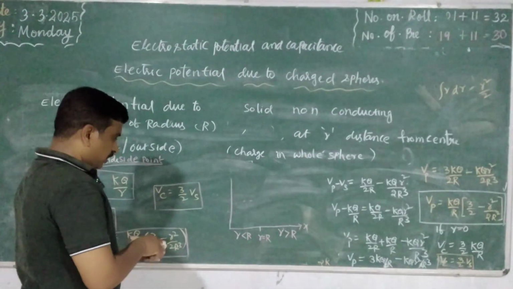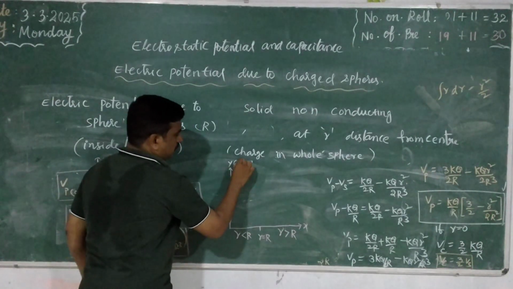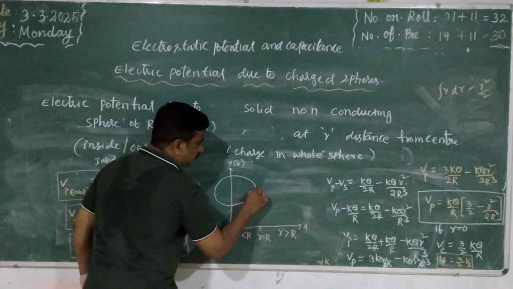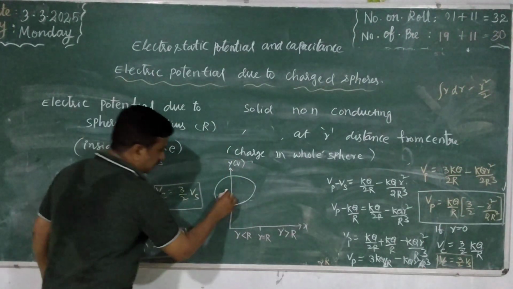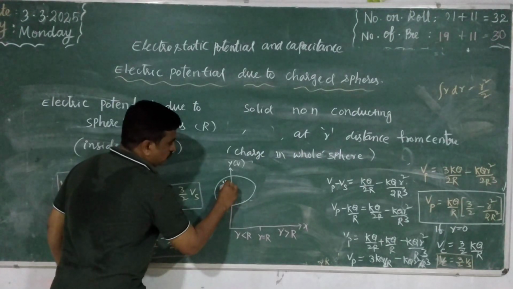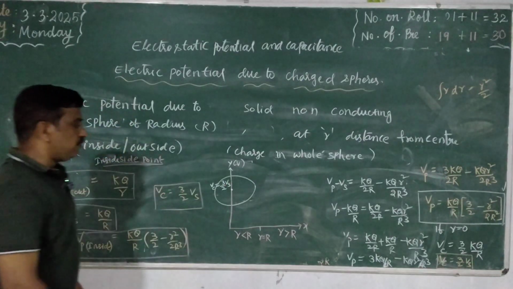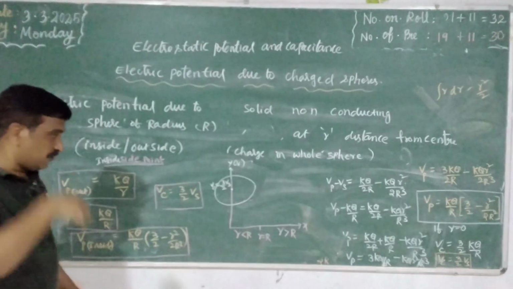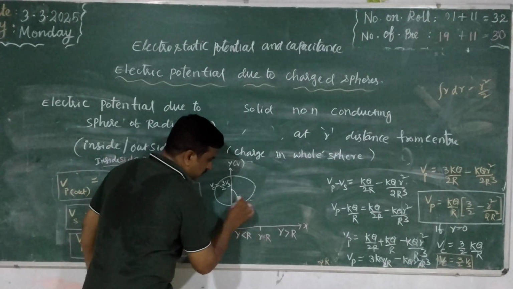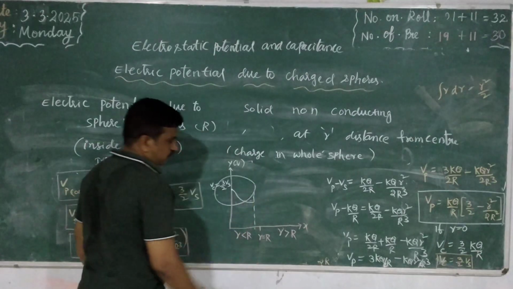Here the y axis is potential, for the solid non-conducting sphere. At the center it has some value, which is 3 by 2 times the potential on the surface. It is maximum there, and after that its value changes up to this point.